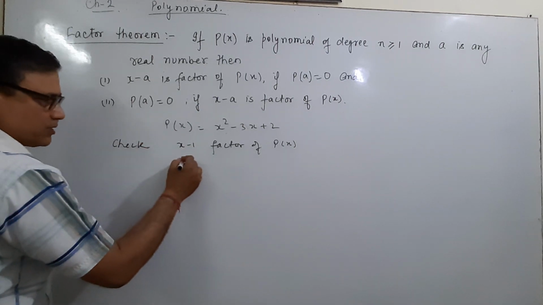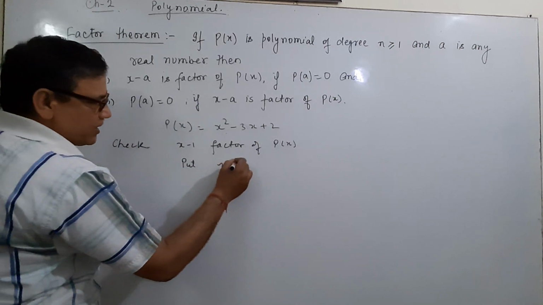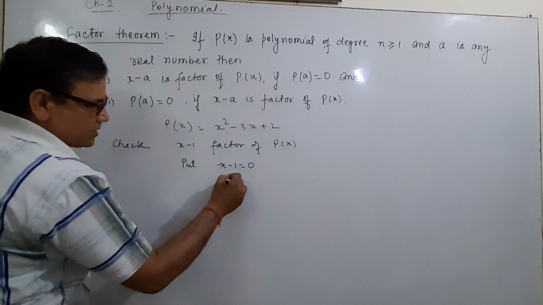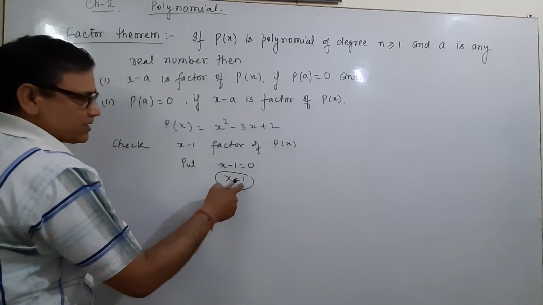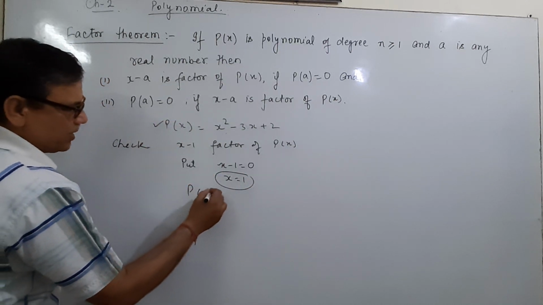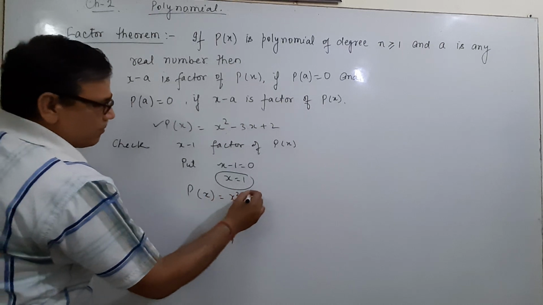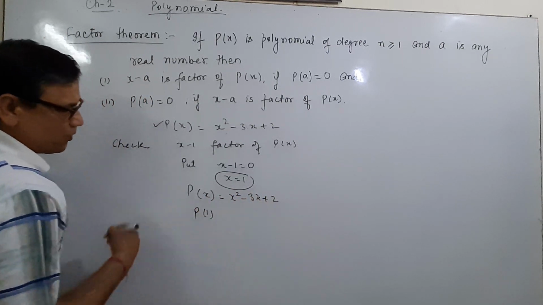What is p(x)? First, according to the Remainder Theorem, put x minus 1 equal to 0, so x equals 1. We will put the value x equal to 1 in p(x). p(x) is equal to x square minus 3x plus 2.